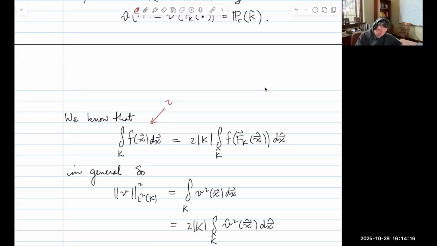So I really want v squared here. And here, what is going to be this? This is going to be v hat squared. If that's v squared, then this is going to be a polynomial of degree 2r, and it's precisely equal to this.